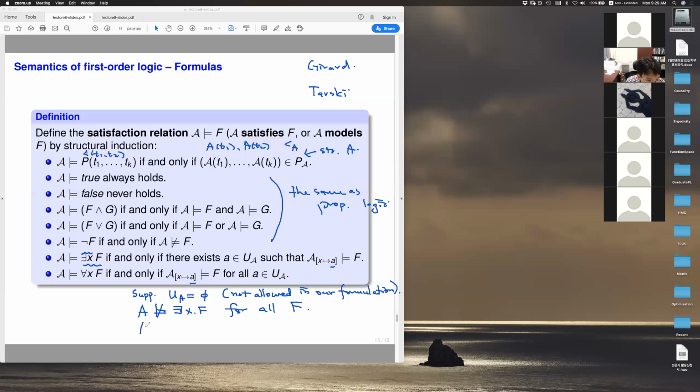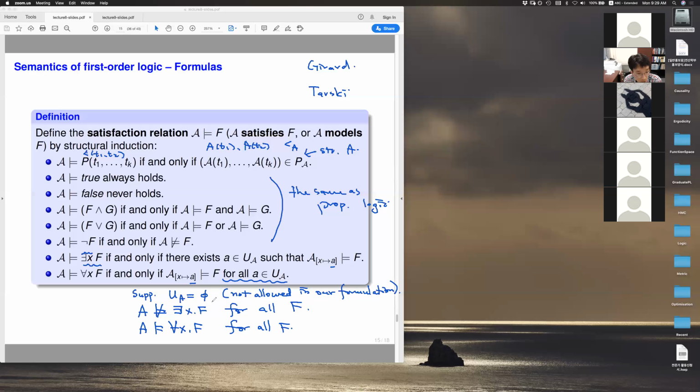Also, another consequence is that this particular structure is going to satisfy any universally quantified formula. That's because there is nothing in our set. So this requirement for every element a in the universe of A is going to be true vacuously because our underlying universe doesn't contain anything.